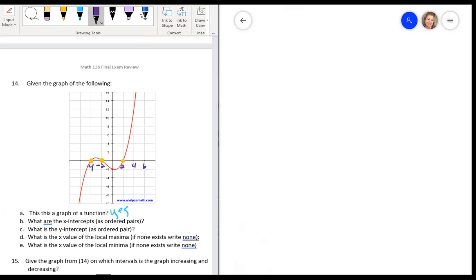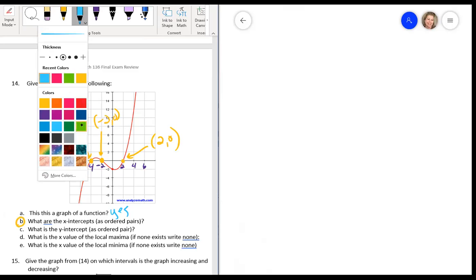So my ordered pairs, this point right here would be -4, 0. And this point would be -2, 0. And this one would be +2, 0. That's part B. Part B I did in yellow.